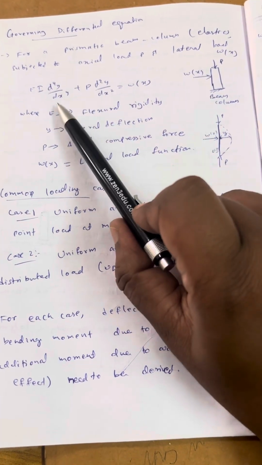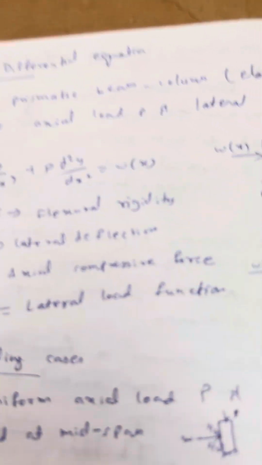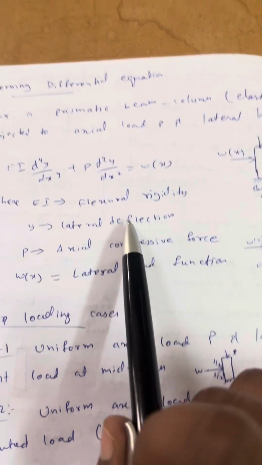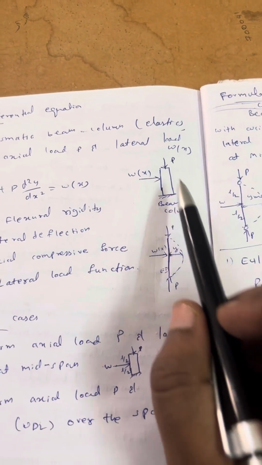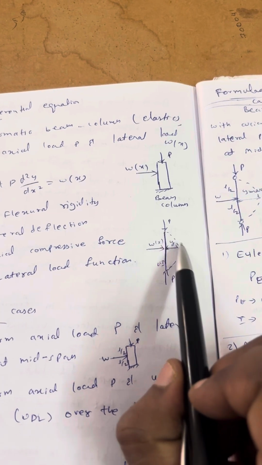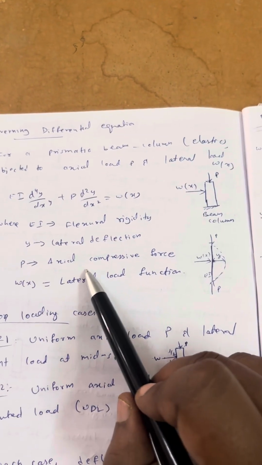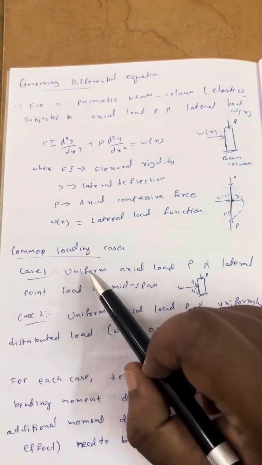The equation is EI d^4y/dx^4 + P d^2y/dx^2 = w(x), where EI is the flexural rigidity and y is the lateral deflection. Due to the horizontal force, lateral deflection will occur; it will bend like this. Axial compressive force is P, and w(x) is the lateral load function.